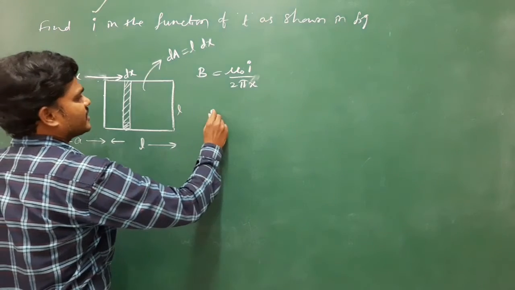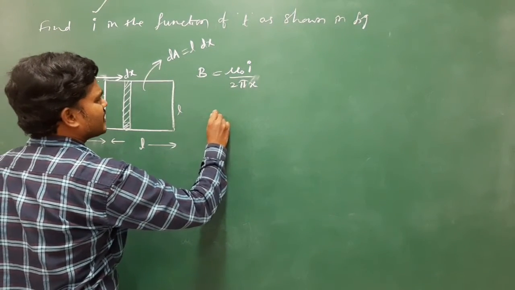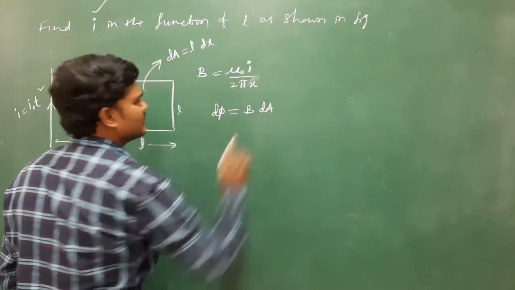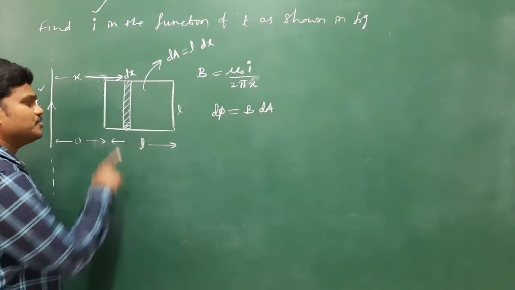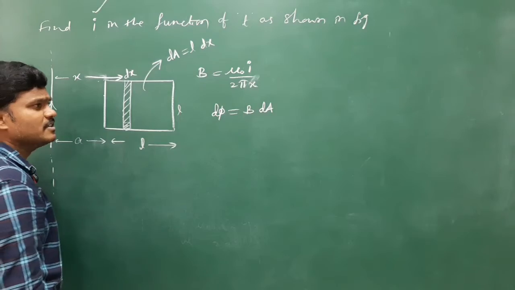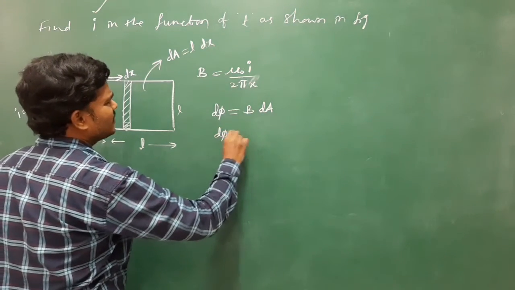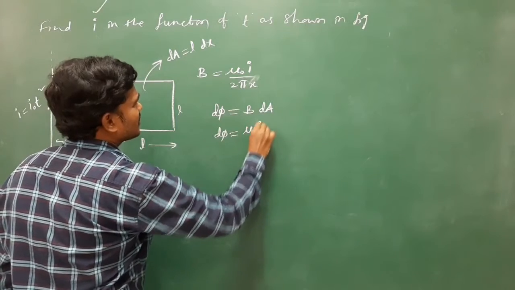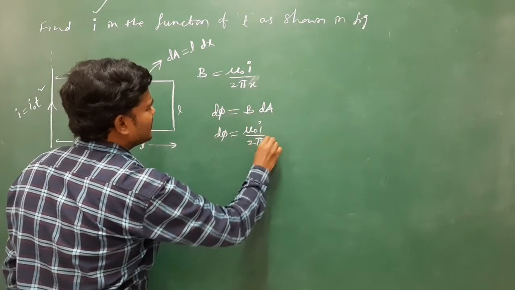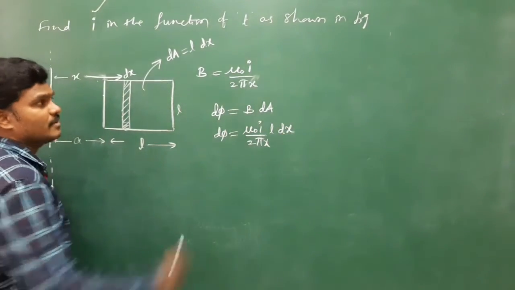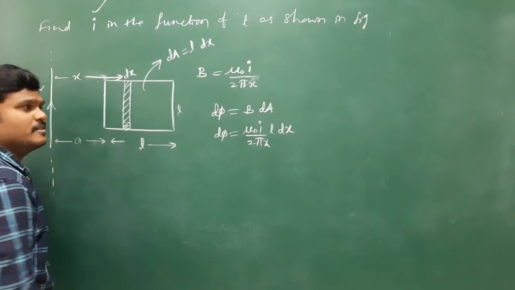And the flux we can write as d phi, which is equivalent to B into dA. Due to the small part there will be a small flux, so d phi is equal to B into dA. So d phi is equivalent to mu naught I by 2 pi x, and dA becomes L into dx.